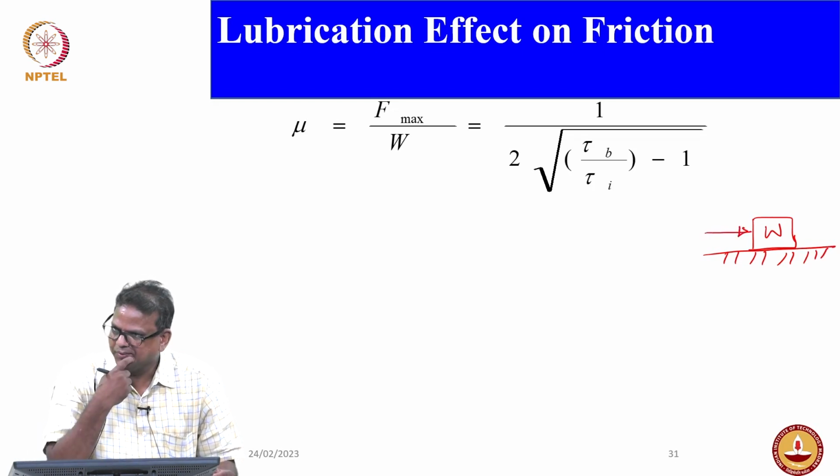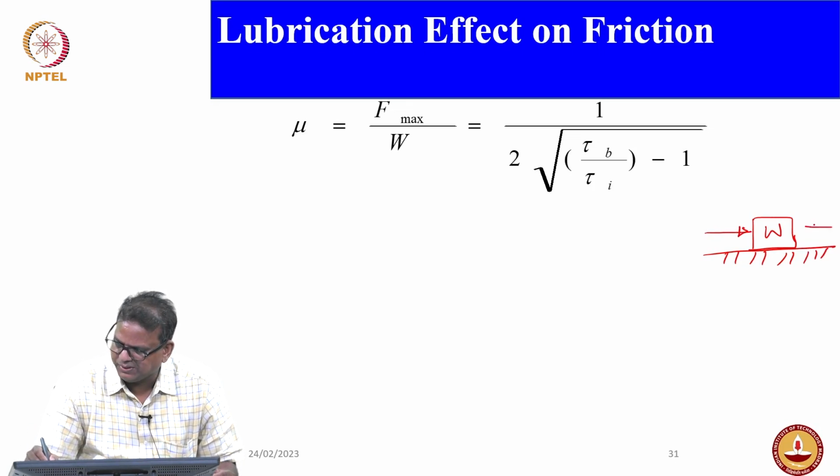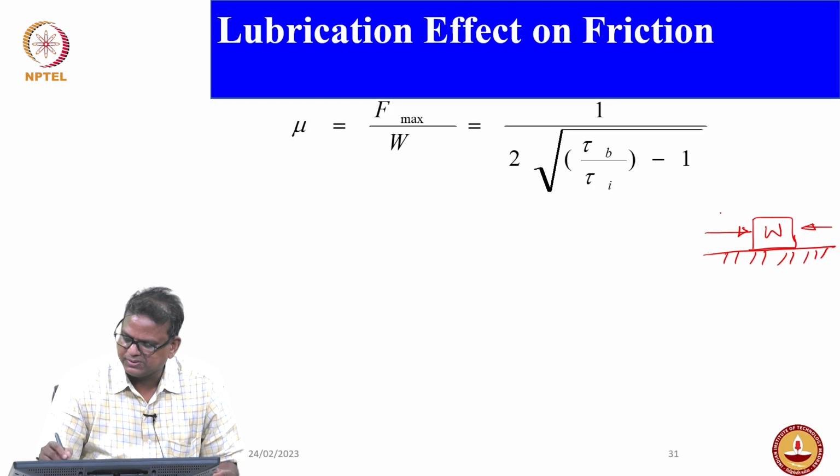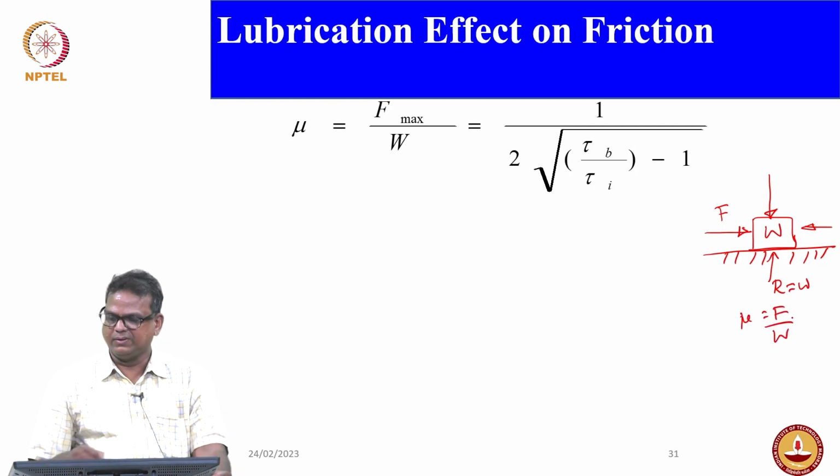When I try to move it, the resistance offered prevents this. So, this is the tangential force F, and this is the normal load W, with a reaction load R, which is also W. Mu equal to F by W is given.